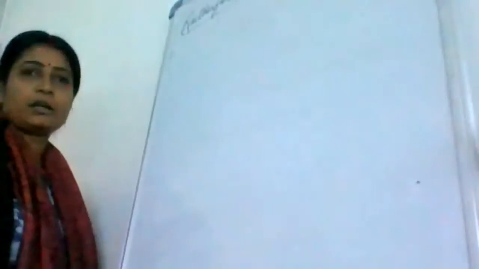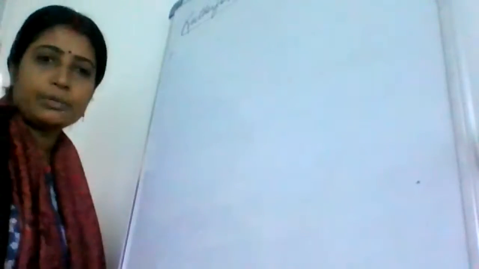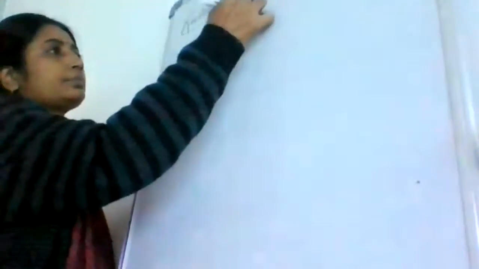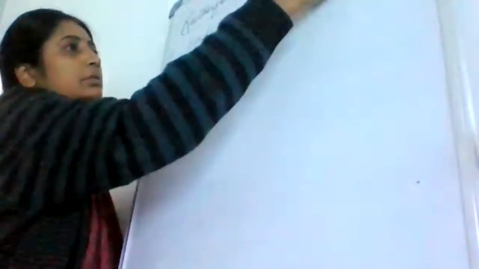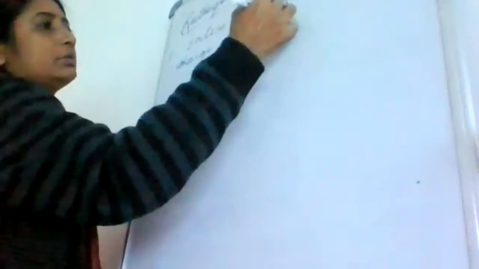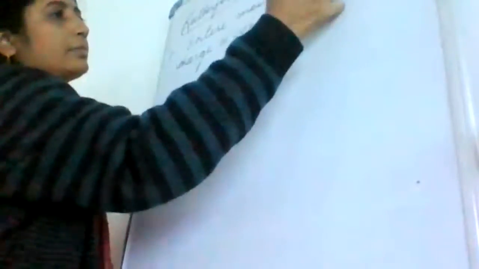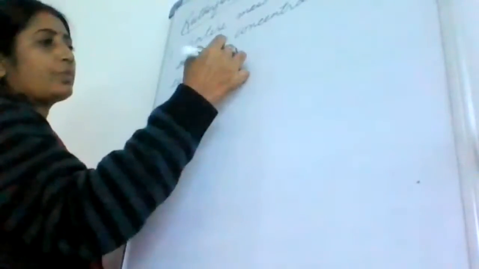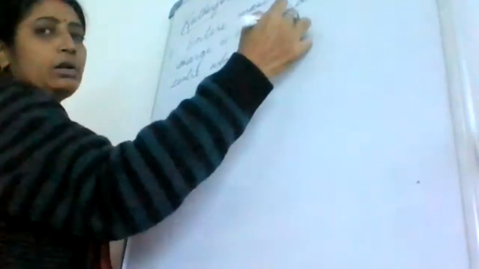Rutherford model of an atom. In the Rutherford model of an atom, the first point he said was that the entire mass and positive charge is concentrated in the center, which is called what?